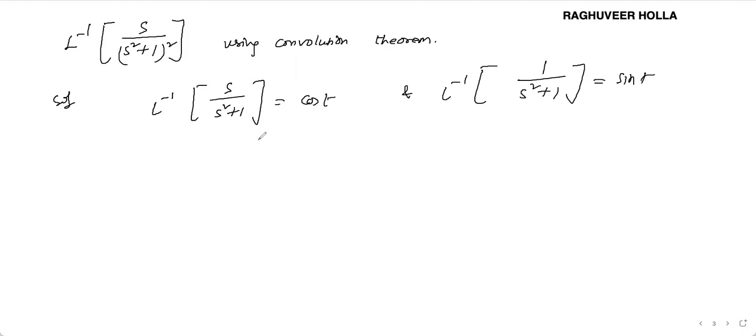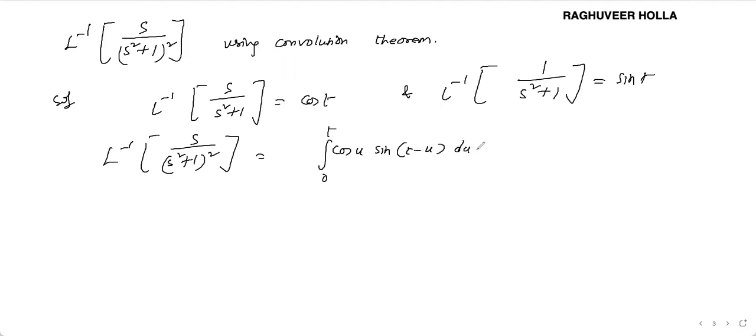So therefore, by convolution theorem, we have L inverse of s by s square plus 1 whole square, which is integral 0 to t cos u into sin t minus u du.